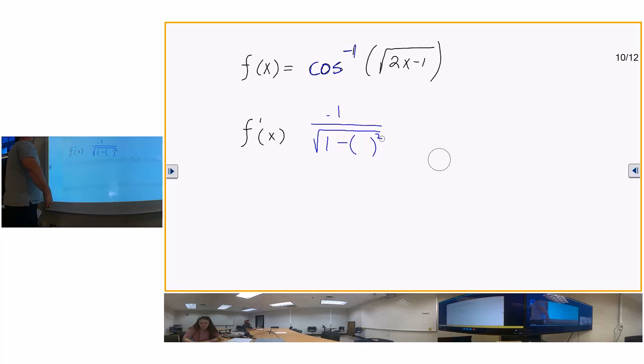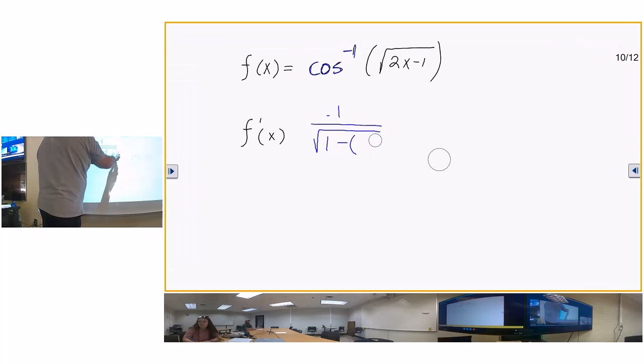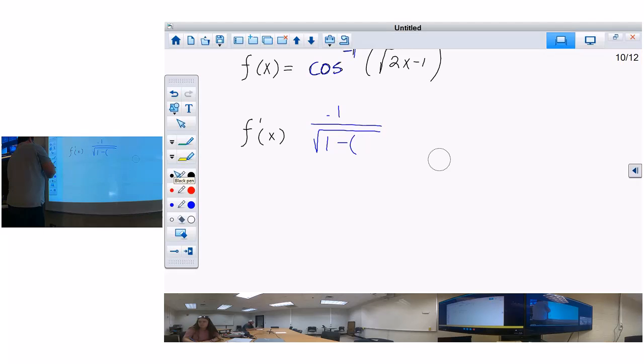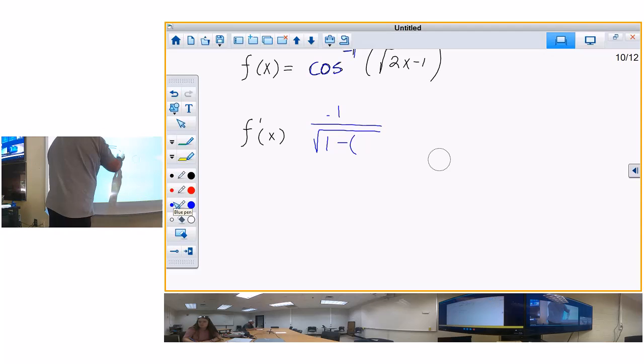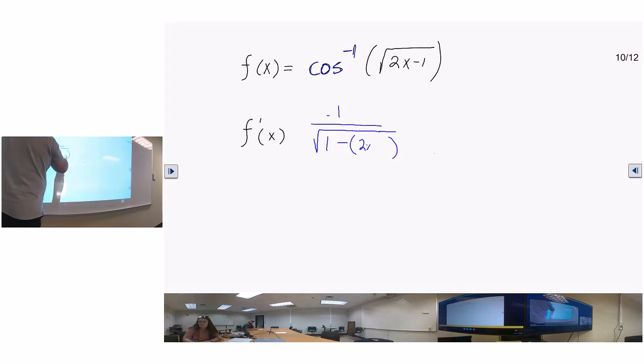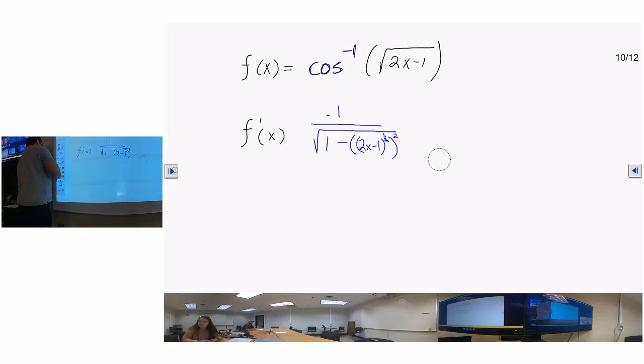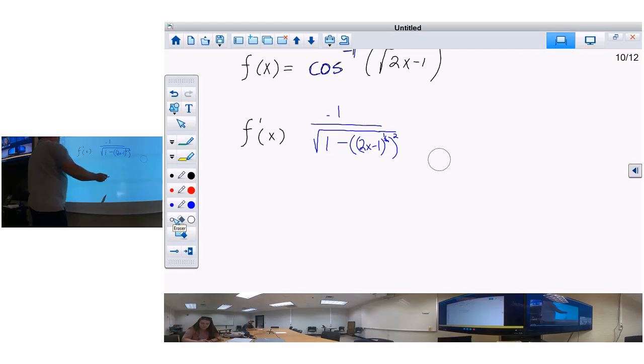And what goes into that? Well, that square root, I want to rewrite because I don't like having the radical in there. I'm going to put 2x minus 1 to the 1/2 power raised to the second power. Look what happens. That's nice.